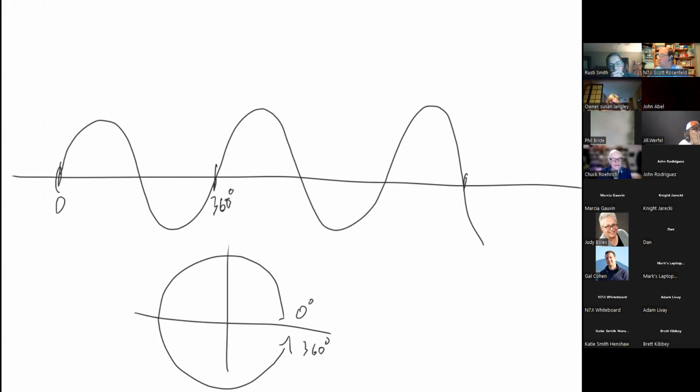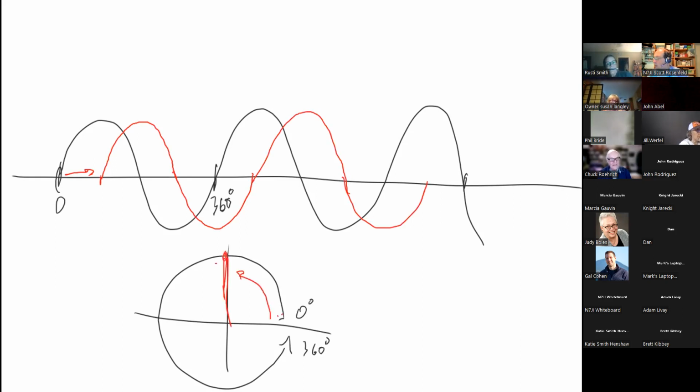So in order to shift the phase, we would basically take this signal and cause an instantaneous jump so that the signal is now moved a certain number of degrees. Or in other words, we would move it over here so that the new starting point was over here at 90 degrees.